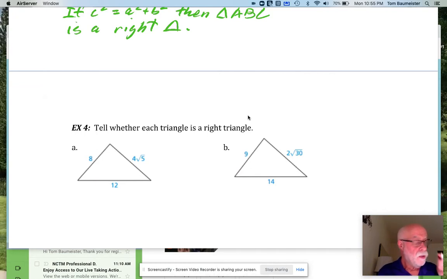All right. So we're going to let C be the length of the longest side.